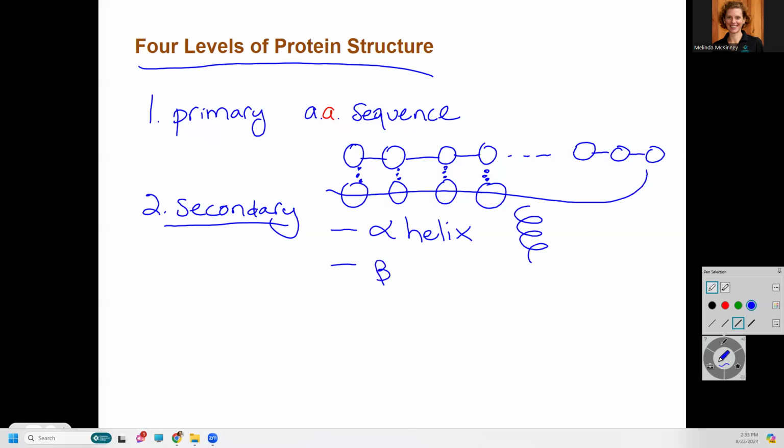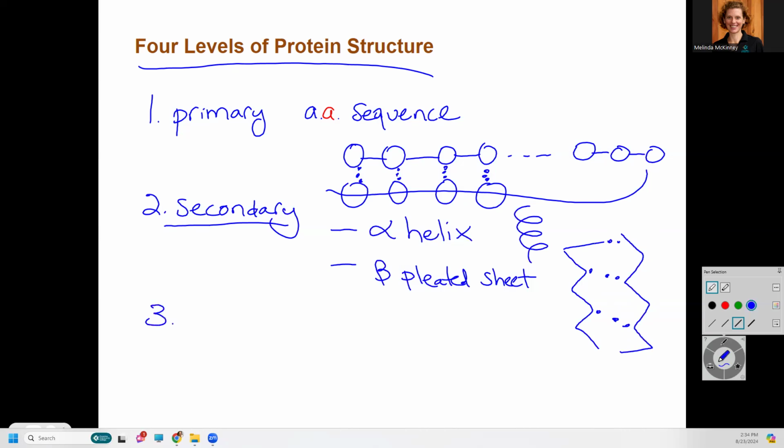And then there's the beta pleated sheet, which looks like a corrugated roof, with an accordion-like shape. Between those, there are hydrogen bonds. So those are the 2 types of secondary structure.